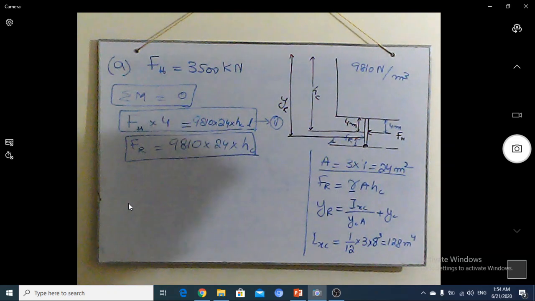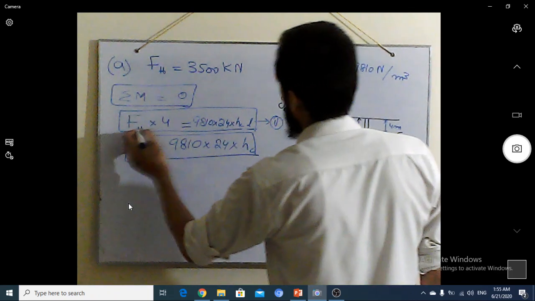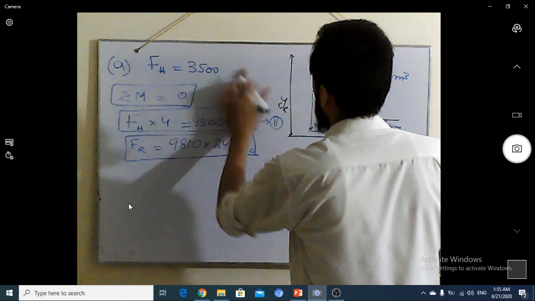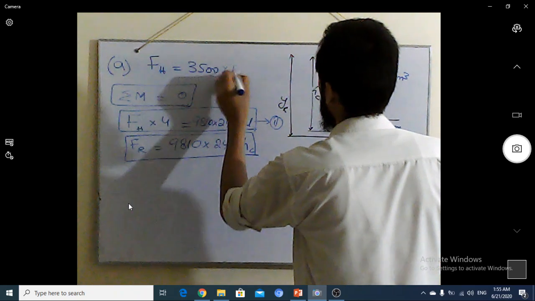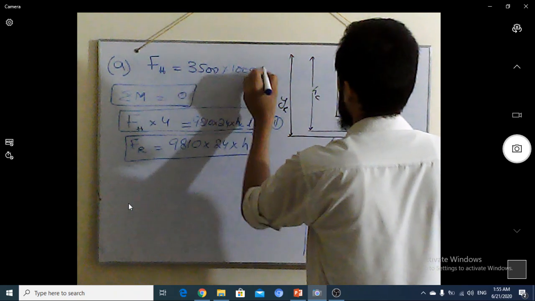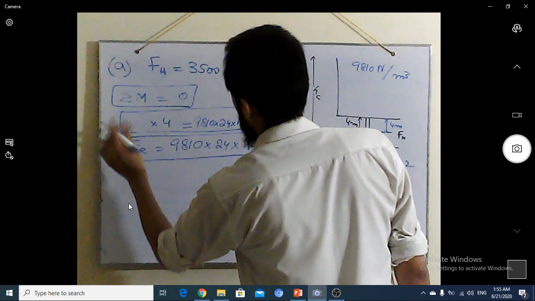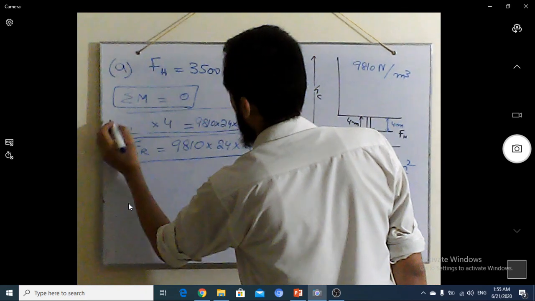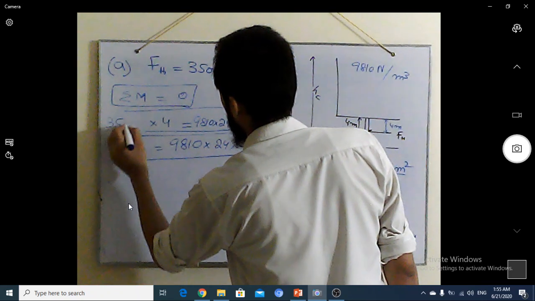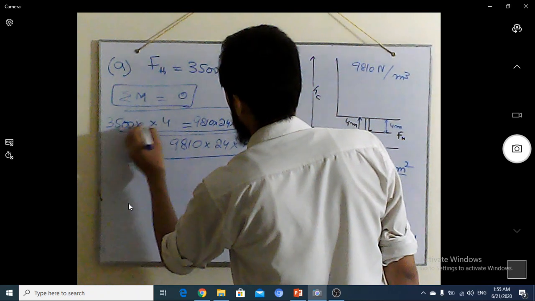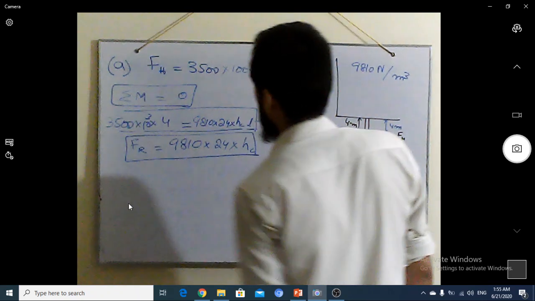After that, we know that FH is multiplied by 1000 newtons. So here let's put the value of 3500 multiplied by 10 to the power 3.